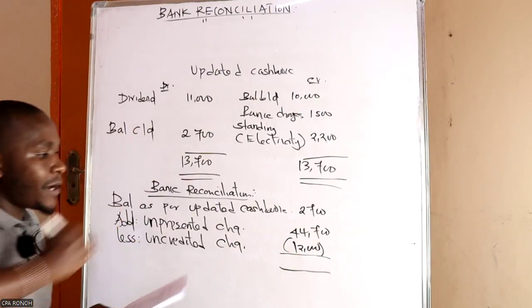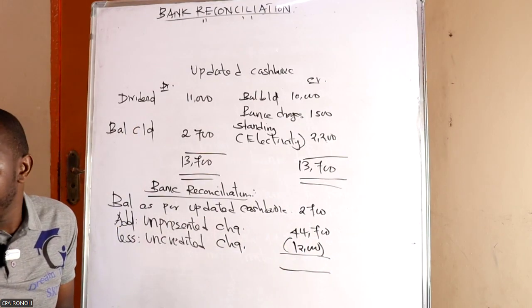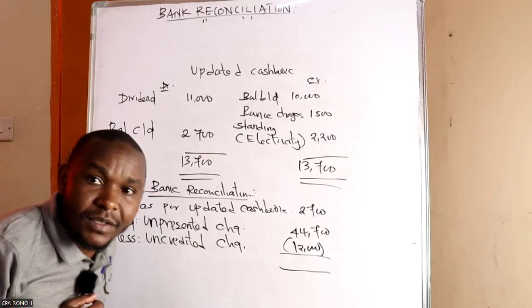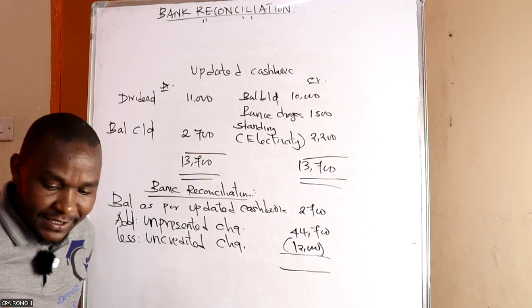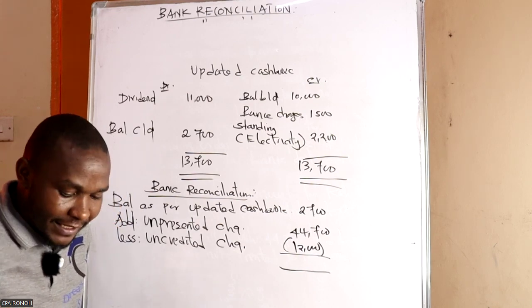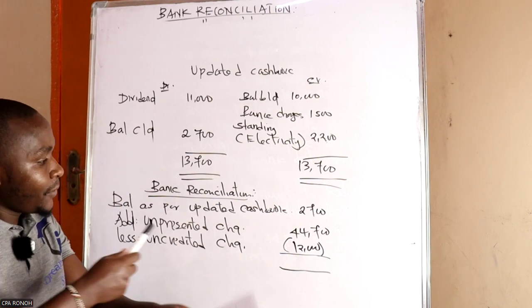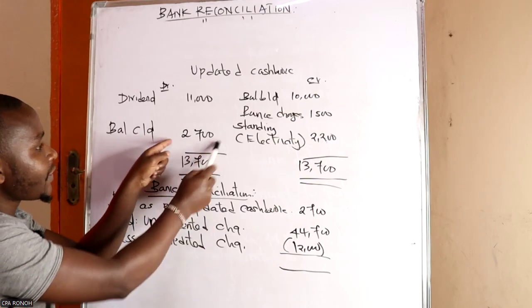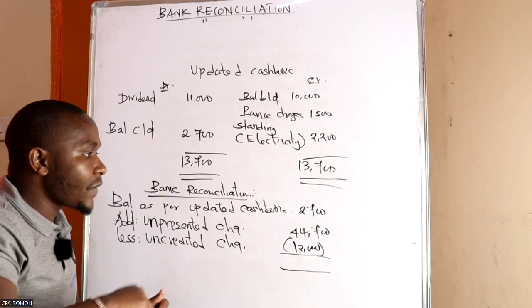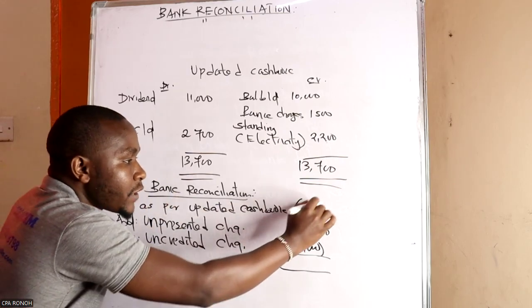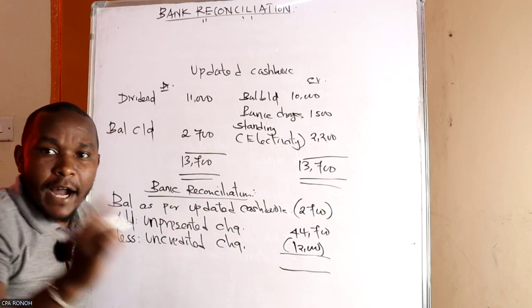Let me see your answers. How much are you getting? Let me see in your comment section. I know you got different things. Okay, so we said when it is on the debit, it is a bank overdraft, and it shows that you overdrawn the amount you have in your bank.